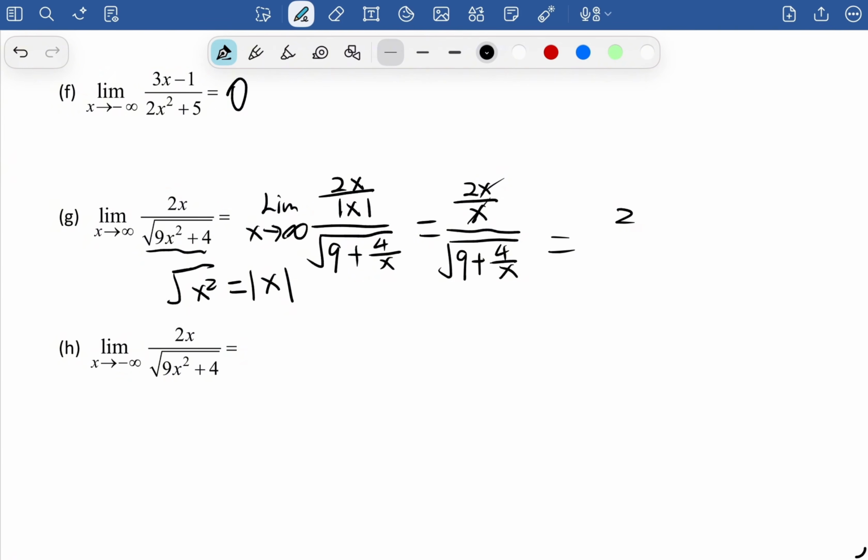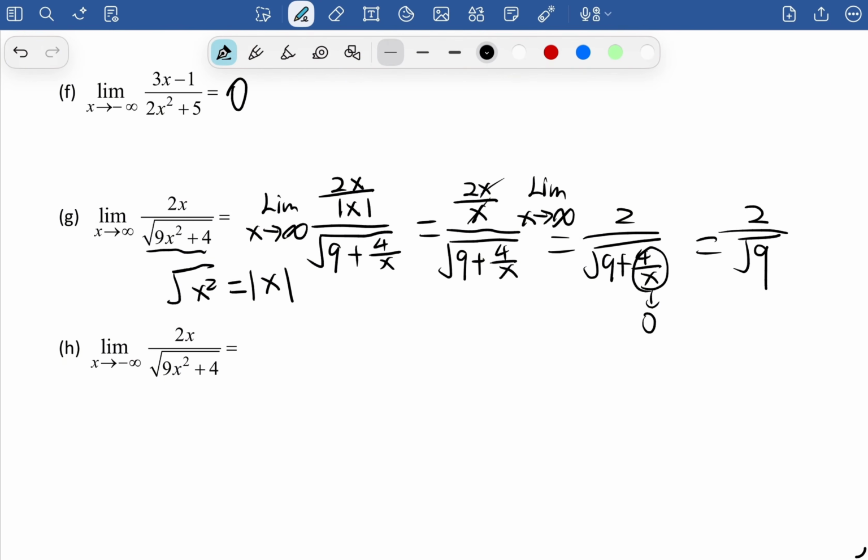We have 2 over the square root of 9 plus 4 divided by x. We just have to evaluate the limit as x approaches infinity. We're going to get 2 divided by the square root of 9 plus 0, which is 3. So 2 divided by 3.